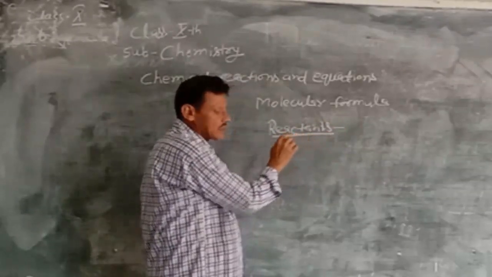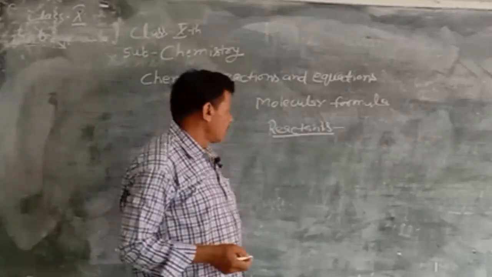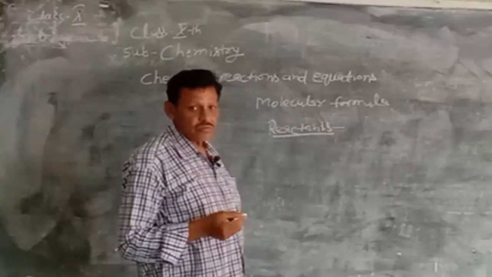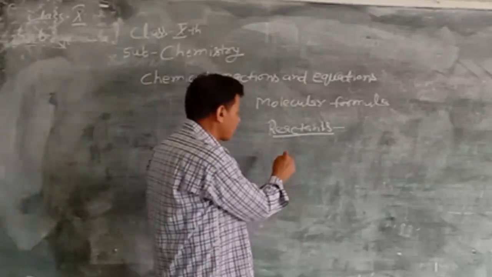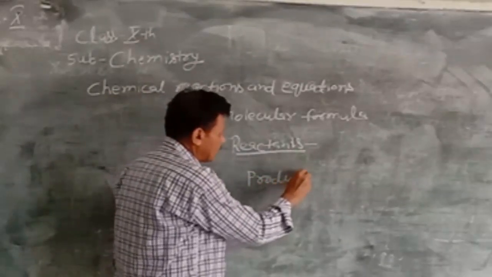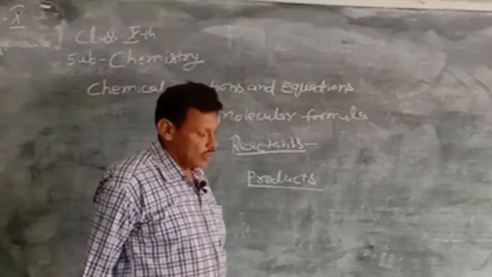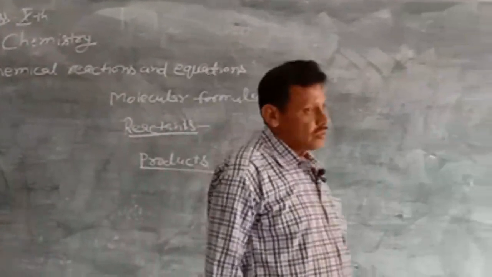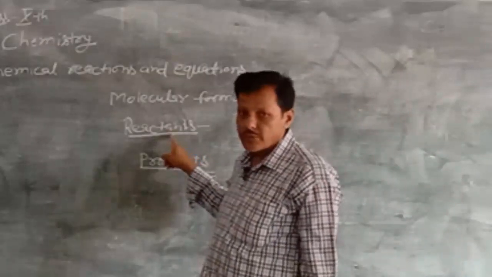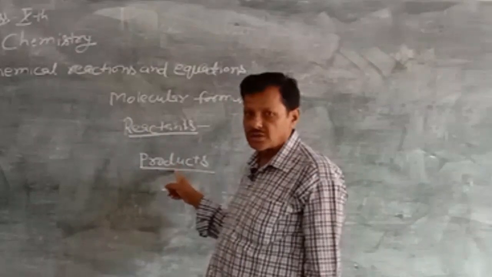These are substances which are involved in chemical reactions, and after the chemical reaction, the substances that are formed are called products. In these chemical reactions, we write the molecular formula of reactants and the molecular formula of products.